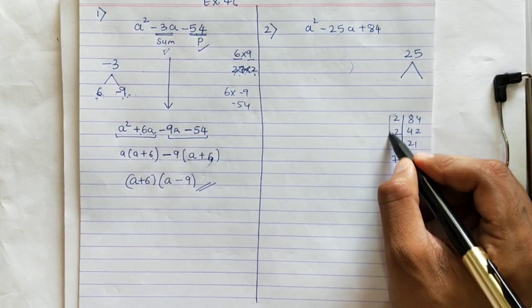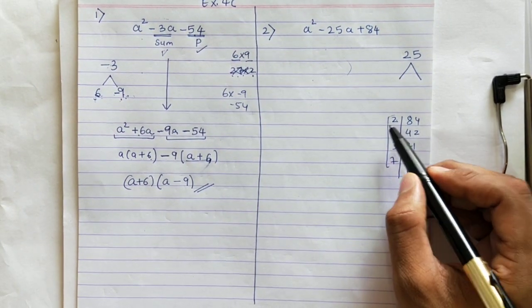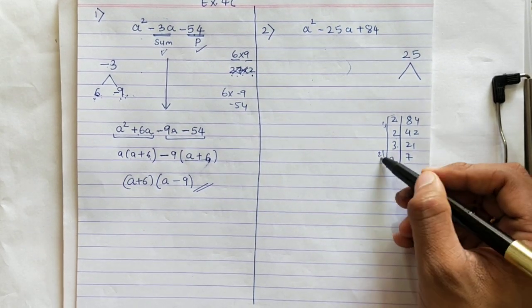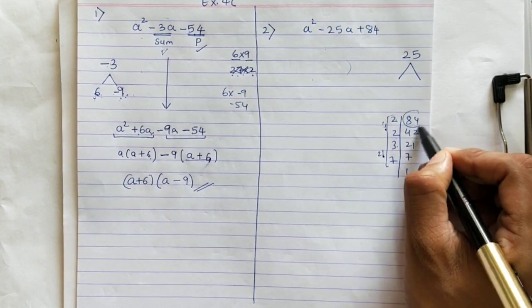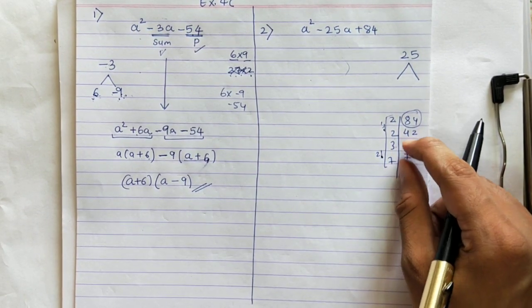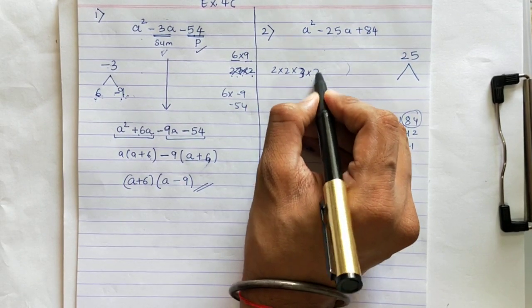Now using these four numbers, you can guess what the factor is. See, 2 2s are 4, 7 3s are 21. 21 into 4 will give you 84. Okay, you can make pairs and see 2 into 2 into 3 into 7.